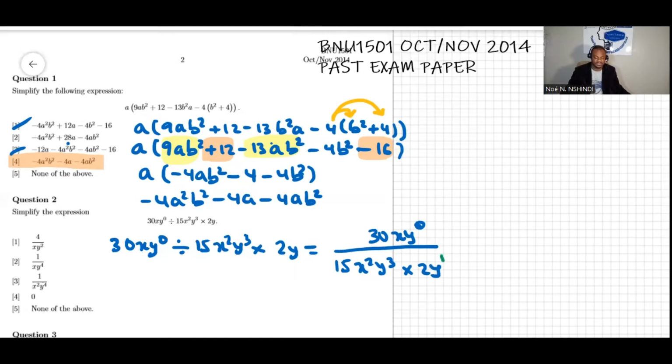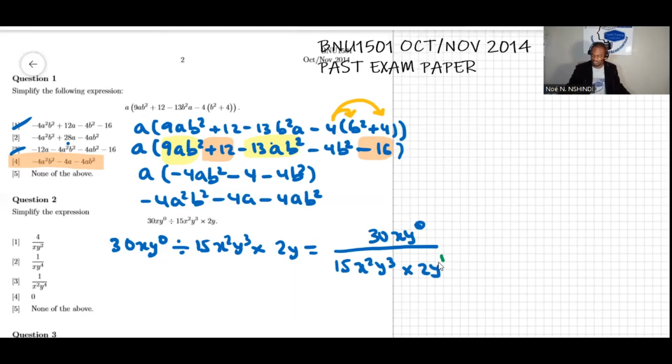How can I do that? You notice that 30 here and 15, we can simplify. Okay, maybe let's first multiply all the scalars, because it's a product. We have 15 here and then 2 there.